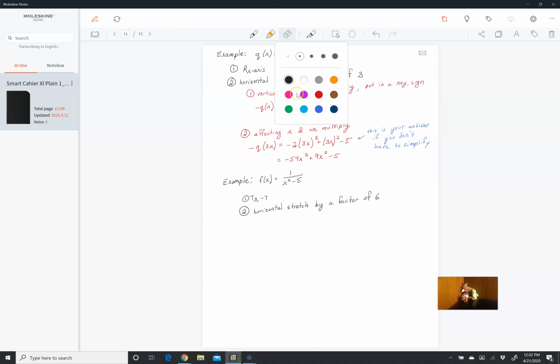The first one is telling you, okay, we're going 3 to the right and 7 down. So if we're going 3 right, x becomes x minus 3. 7 down just says subtract 7 from the function. Whatever the function is.